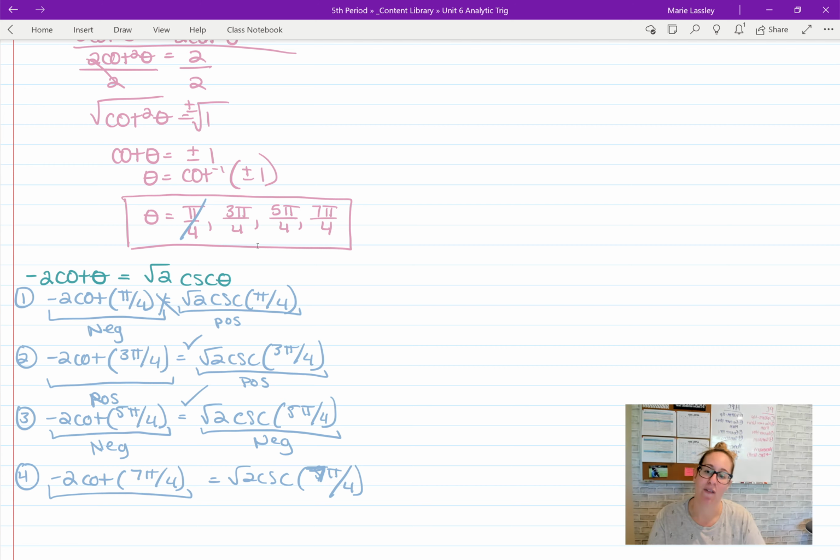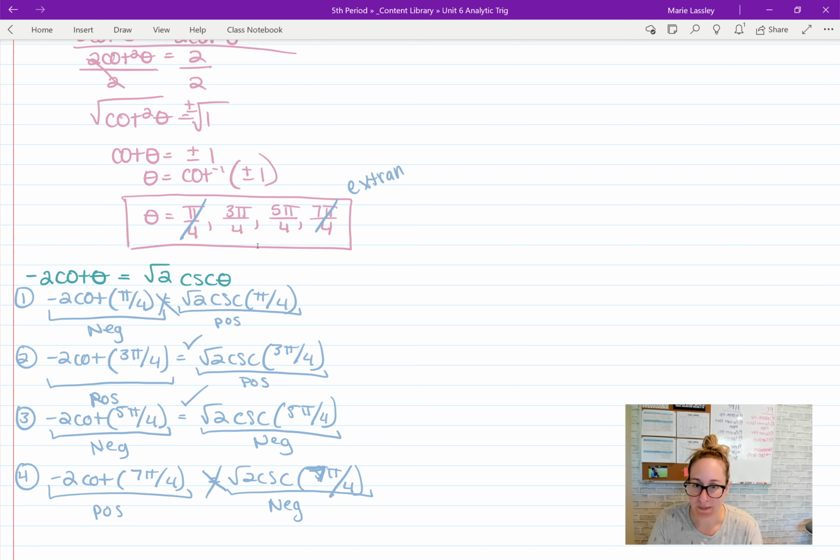So you have a negative times a negative, which is a positive. In the fourth quadrant, cosecant is negative. So you have a positive √2 times a negative, which is going to make this negative. So that does not equal. So 7 pi/4 is also extraneous. So both of those are extraneous solutions.